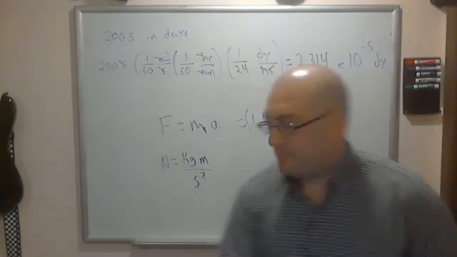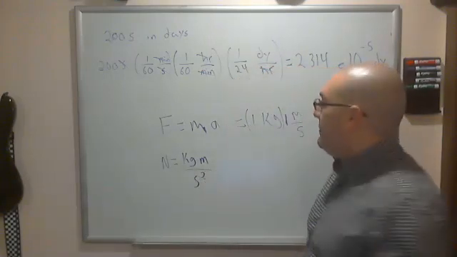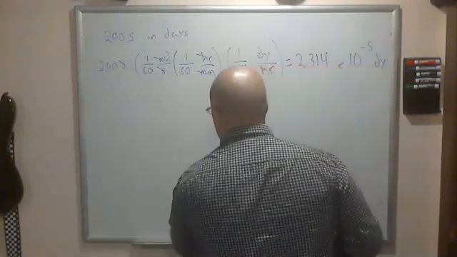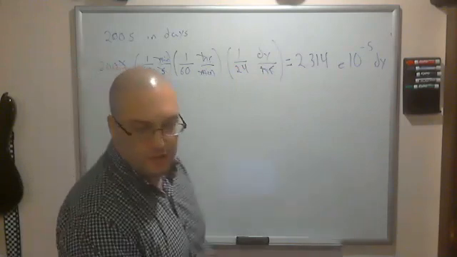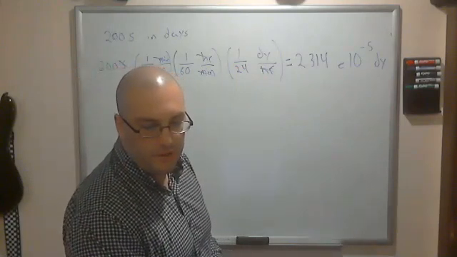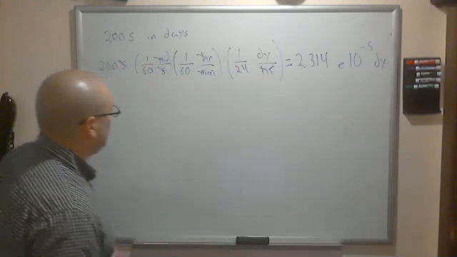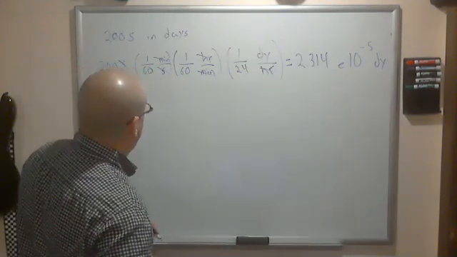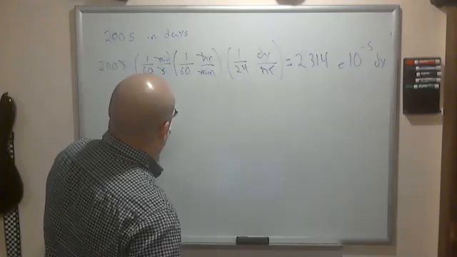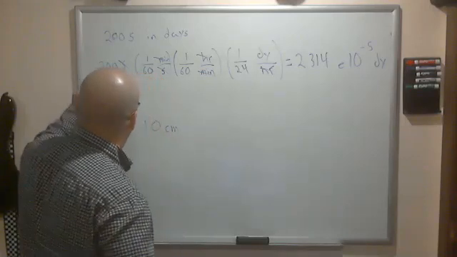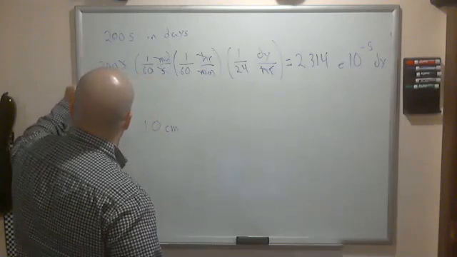Okay. One more problem. Let's say we're given area. This is a very easy thing to get wrong, right? Let's say I measure the length of a square, I have a square over here.